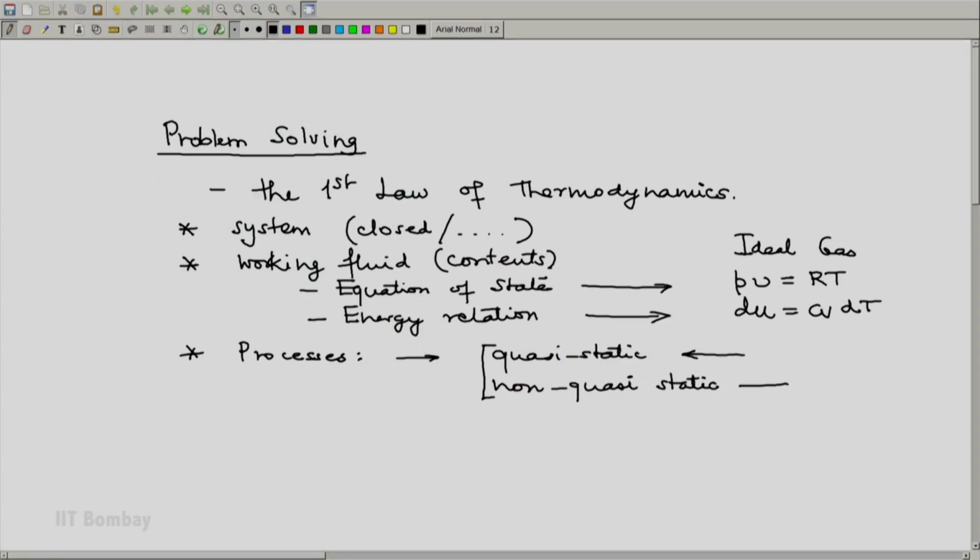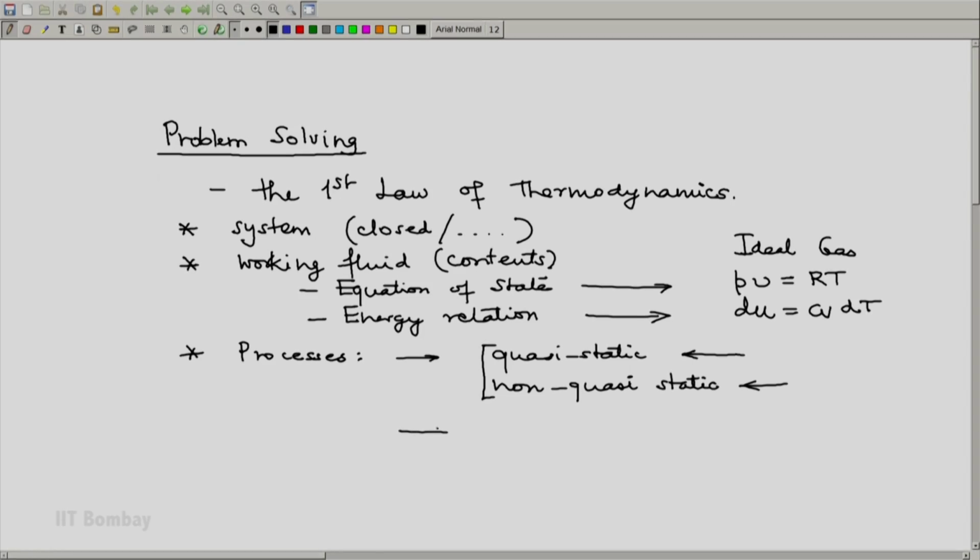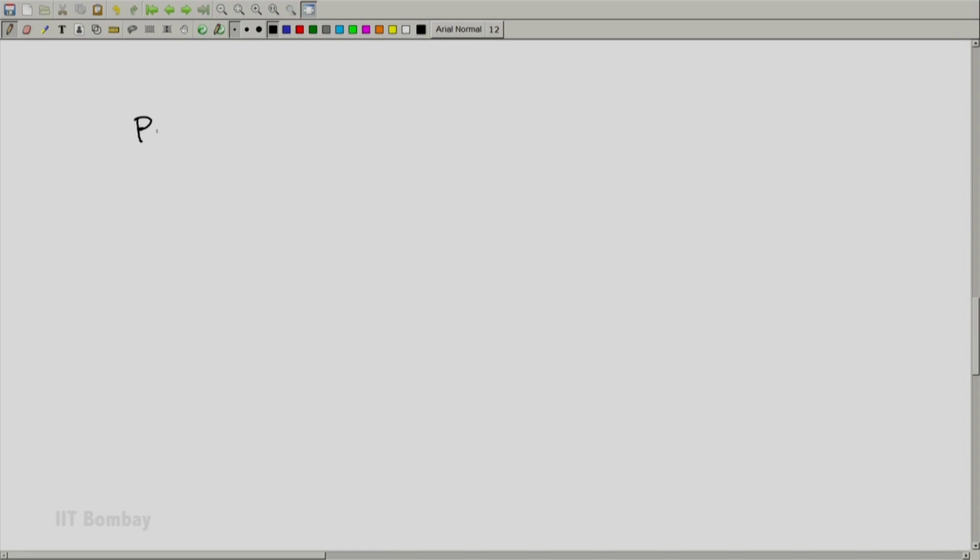Whereas for non-quasi-static processes we do not know intermediate states. We hardly have any information other than the initial state and the final state.